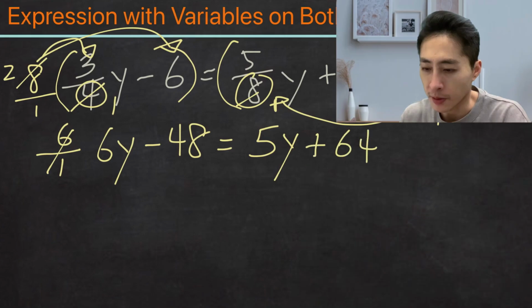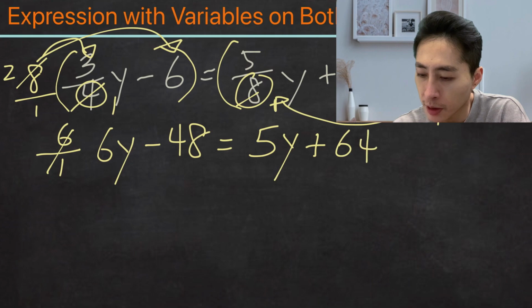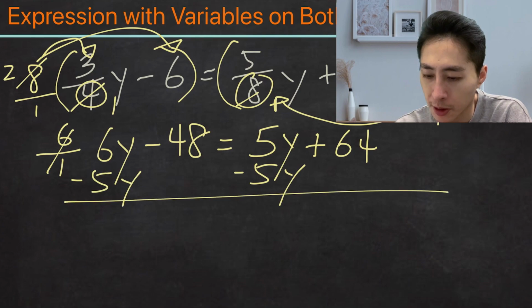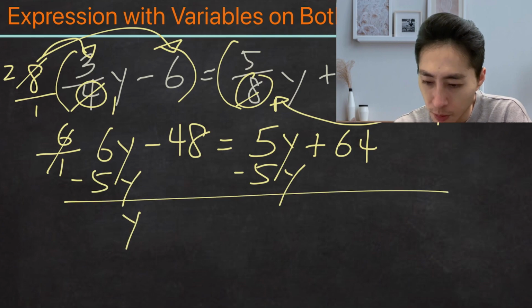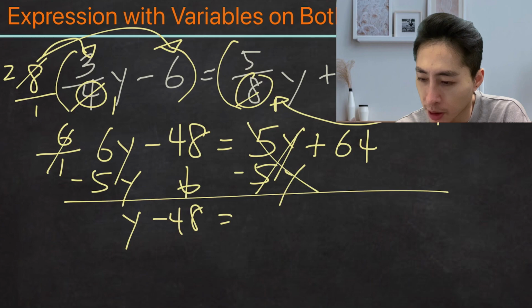Alright, now we're going to move the y variable to the left. So we're going to minus 5y here, minus 5y here. Then we get just y by itself. And then we bring down this. This crosses out. We bring down the 64.